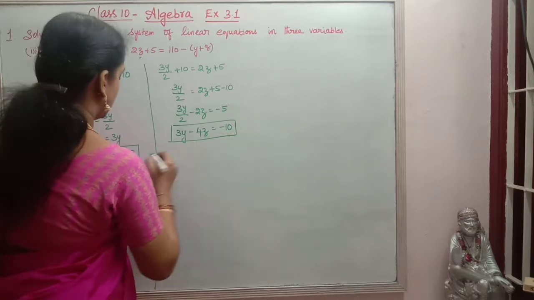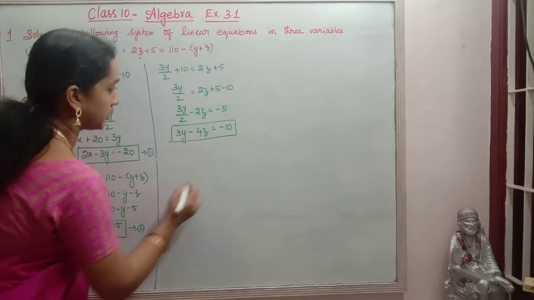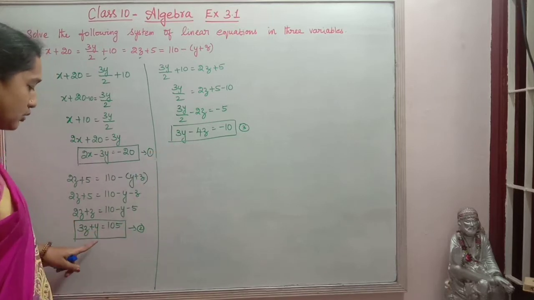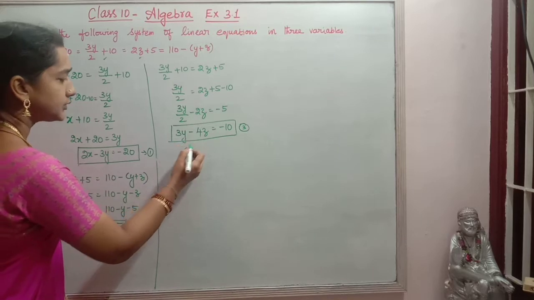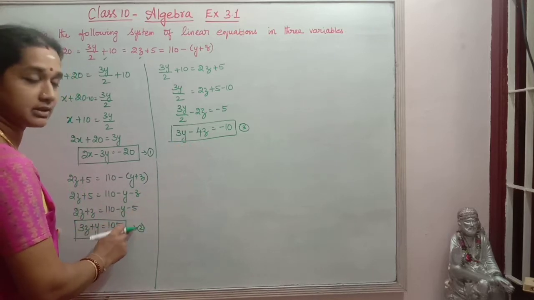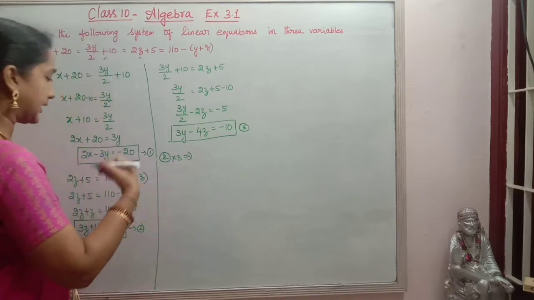Okay, so now the first equation, second equation and third equation. In the second and third equation only, I am having z and y. If I multiply the second equation with 3, I can cancel y.